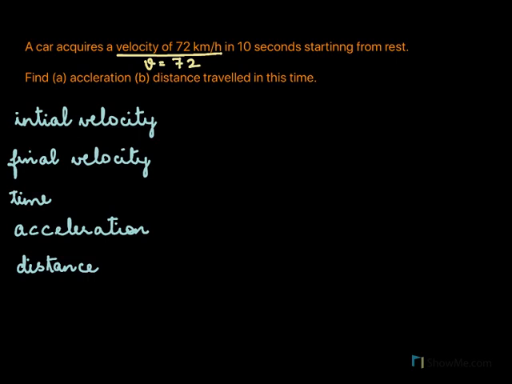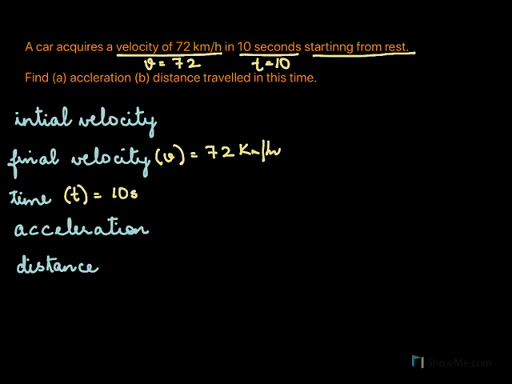That means the final velocity v is 72 kilometer per hour in 10 seconds. So time t equal to 10 seconds. Starting from rest means u equals 0 meter per second.